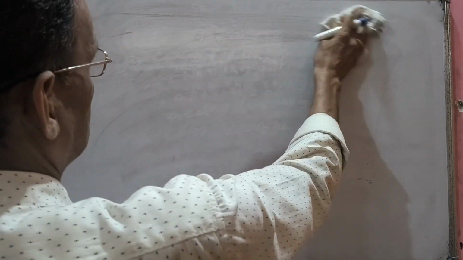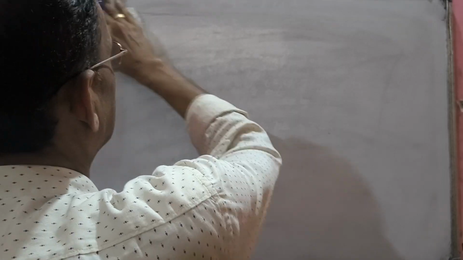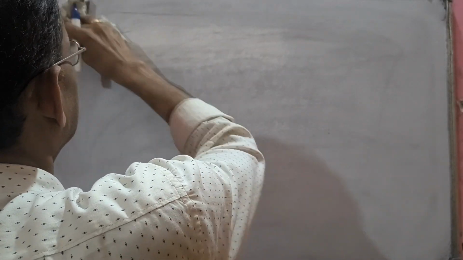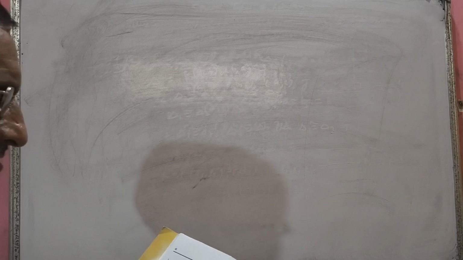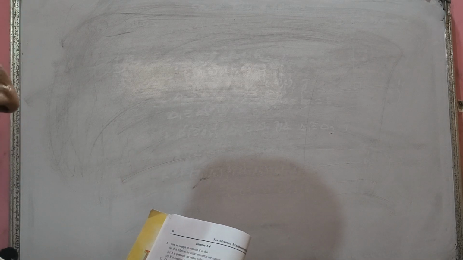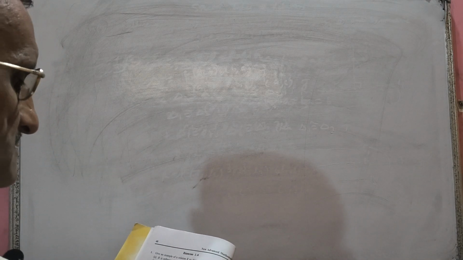So I am trying to explain, so try to understand it. If the basic concept is clear, then it is not a very difficult subject. See question number one. We have to give examples of relation R. Some conditions are given, so I can explain it.